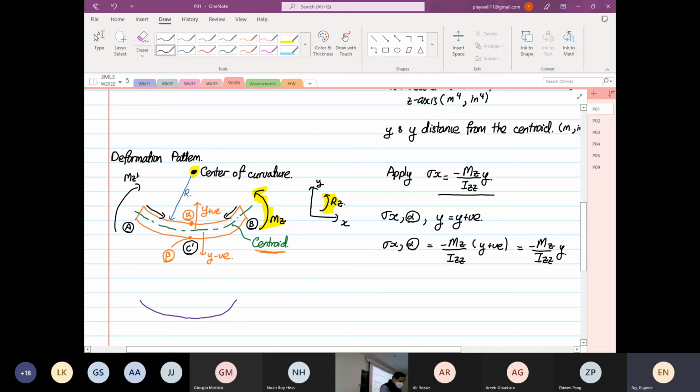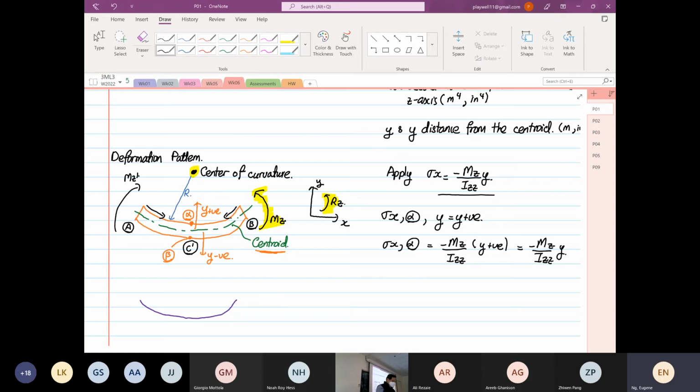Mathematically, the formula is minus Mz over Izz multiplied by y, because at point alpha, y is above the centroid, so y has to be positive. So the outcome of this is stress x is equal to minus Mz over Izz multiplied by y, so it's going through compression, and it's true.